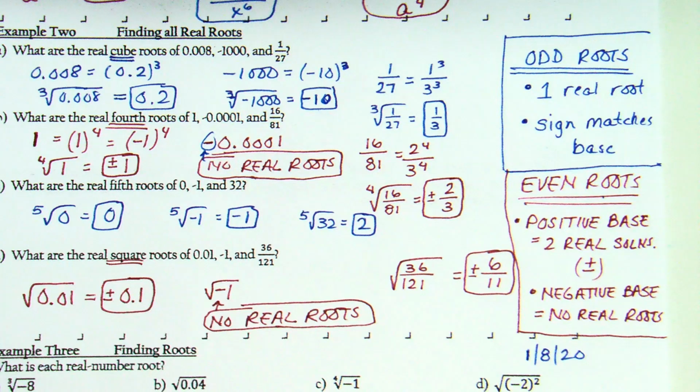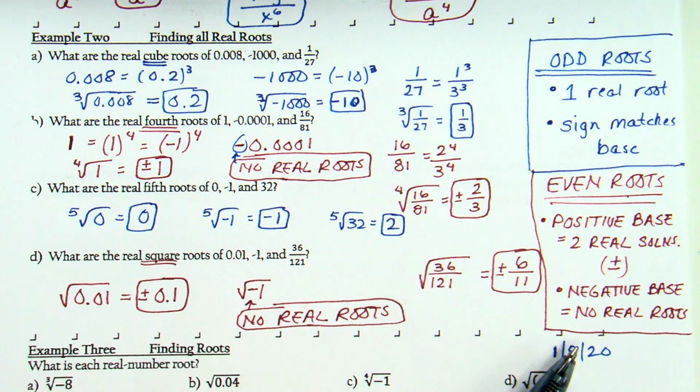It was a plus or minus, right? As long as it was an even root, fourth root, square root, we had to give plus or minus. Unless, what was the catch? We can't take the square root or fourth root of a negative, right? Because in that case it's imaginary, but we're not talking about imaginaries, it just wants our real one, so no real roots.